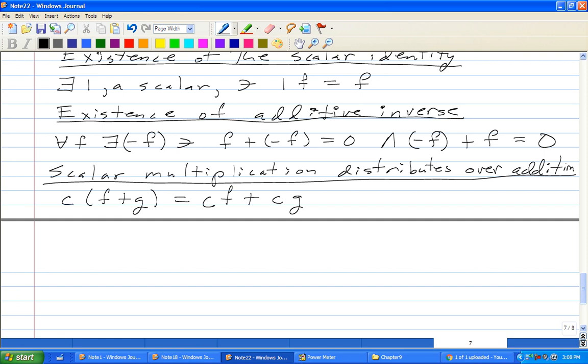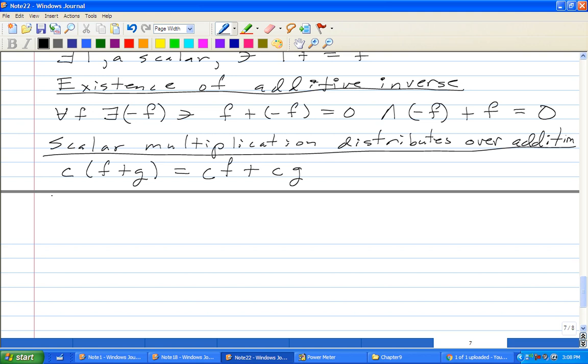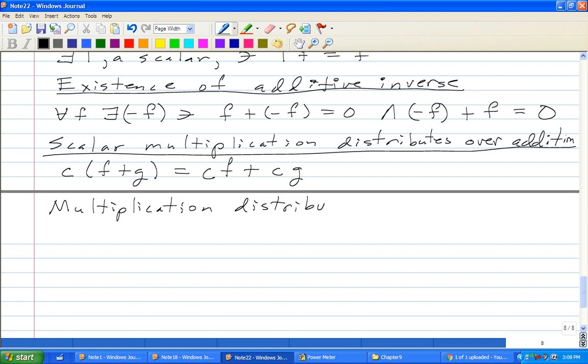And lastly, multiplication distributes over scalar addition.